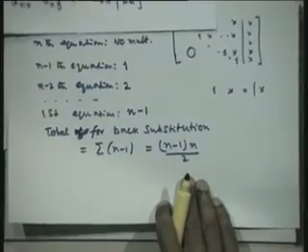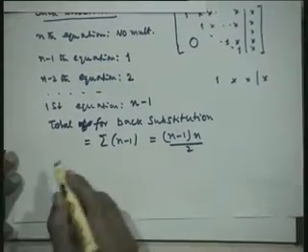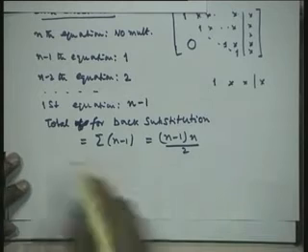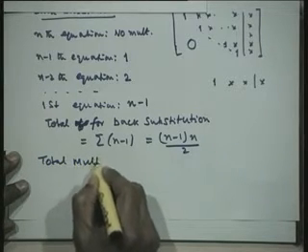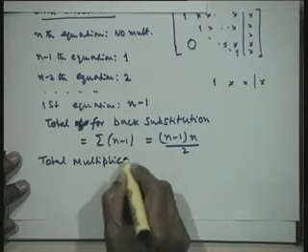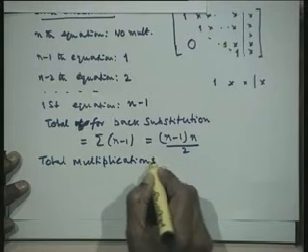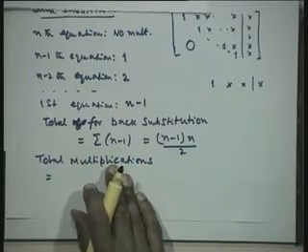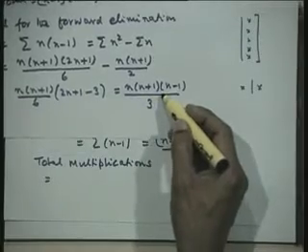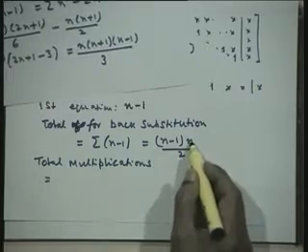Now, we have completed the count. So, let us now write down the total multiplications. The total multiplications here is the total for forward elimination plus the total for back substitution.